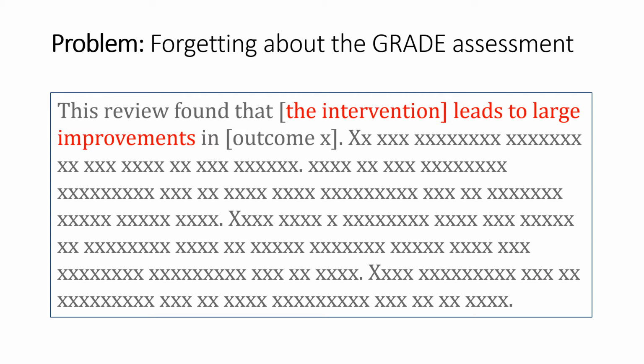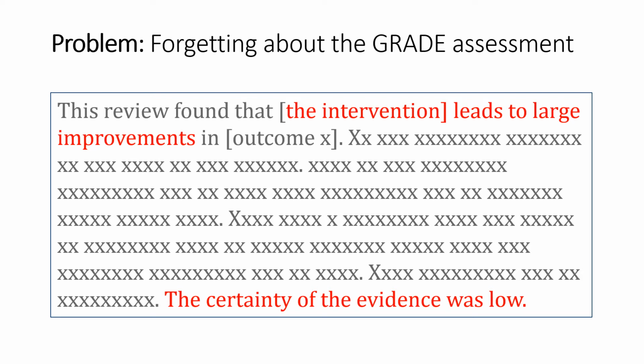A second problem we see is that the results of a review are presented without any mention of how certain we are of these results. This is a typical scenario where we've said that the review found that the intervention led to large improvements in, for instance, pain, which is quite an impressive result. But then way down below, they've mentioned that the certainty of that evidence was actually low.